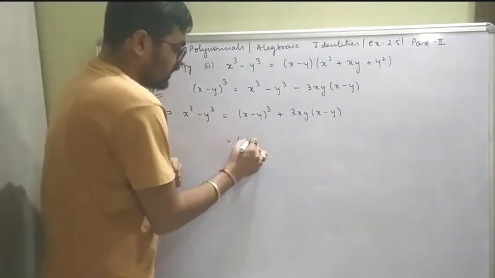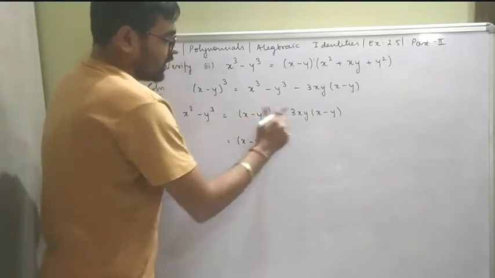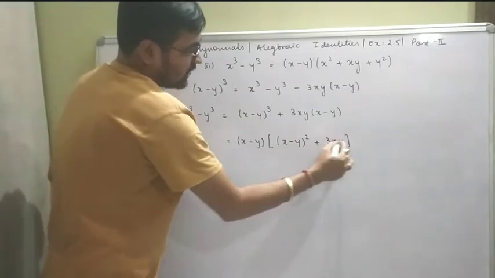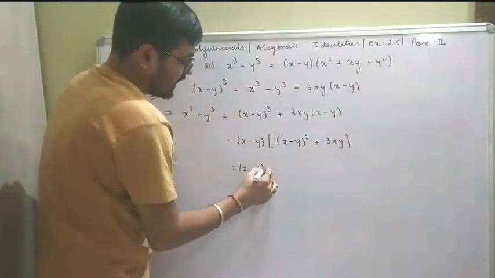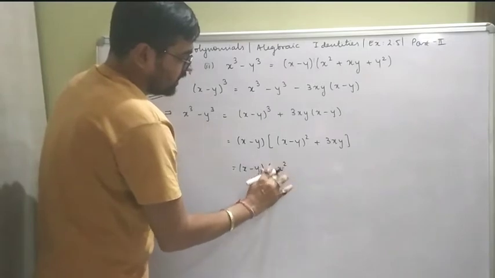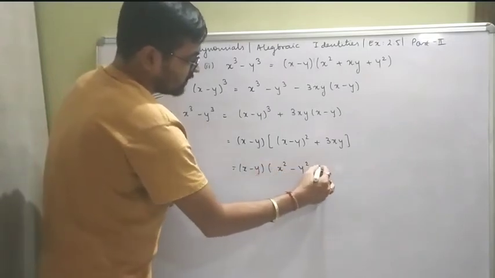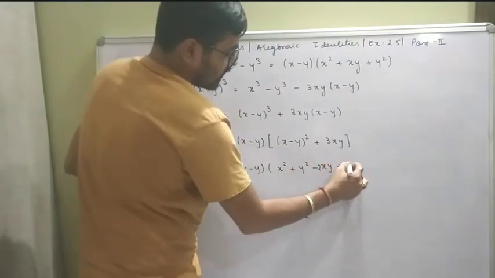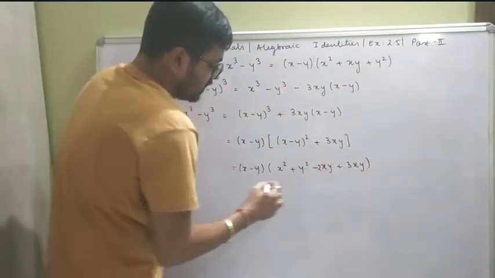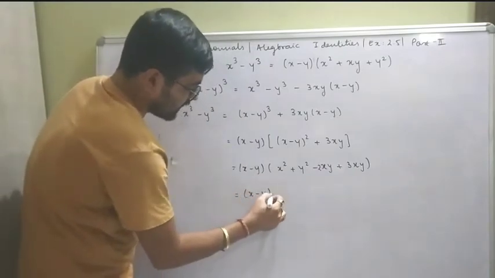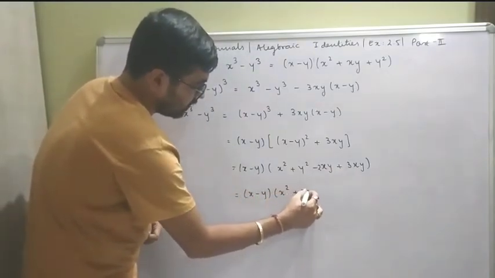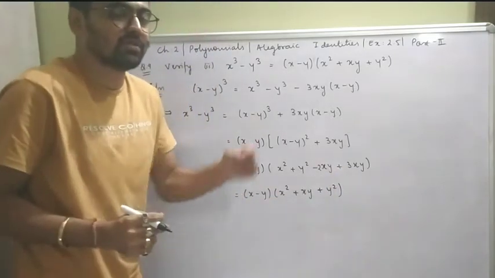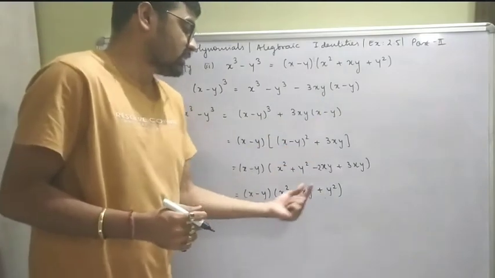Now x minus y can be taken common, so it is x minus y into x minus y whole square plus 3xy. Again the same method as the previous one, open the bracket: x square minus 2xy plus y square plus 3xy. So this will become x minus y into x square plus xy plus y square, because minus 2xy plus 3xy is positive xy.